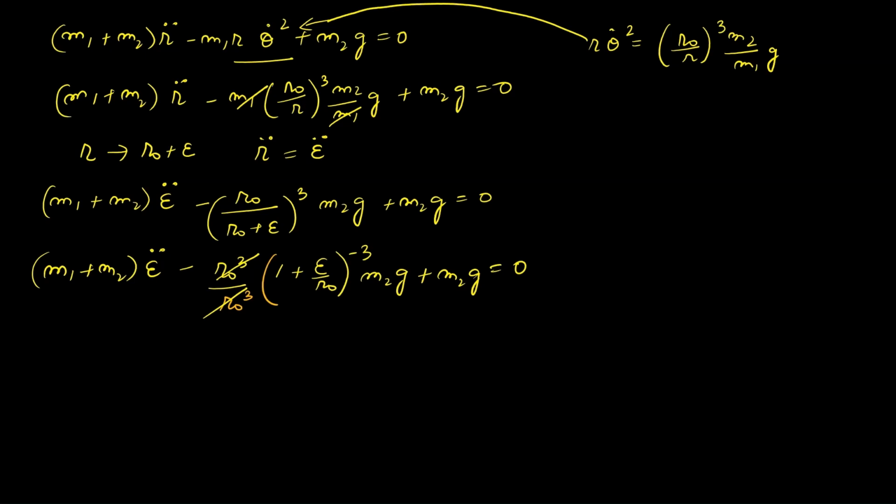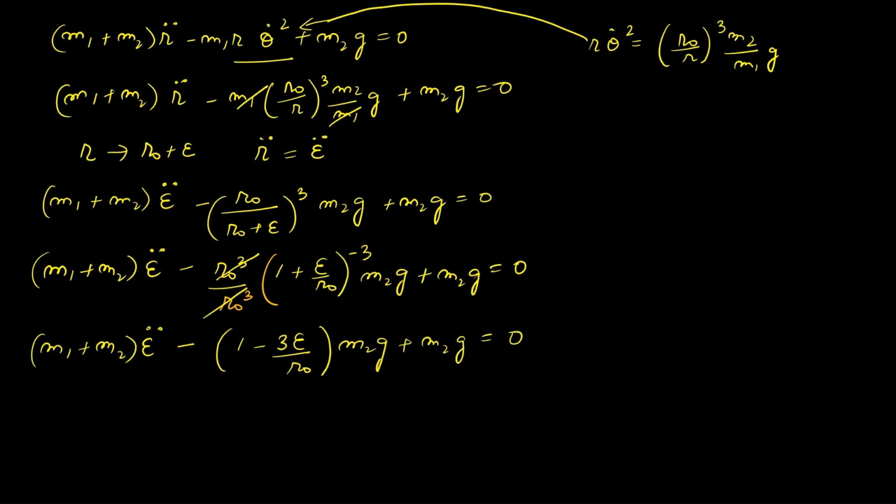Since epsilon is very less than R0, I can expand this. So this one double dot minus, this one will become 1 minus 3 epsilon by R0, M2G plus M2G.